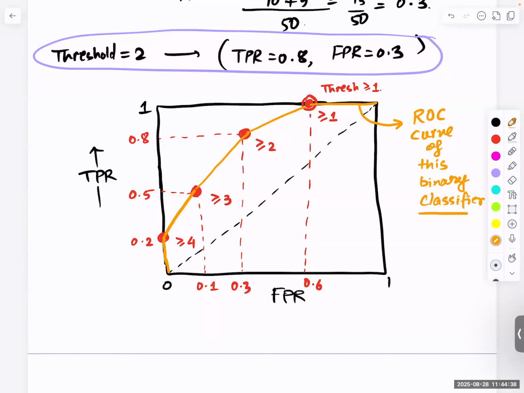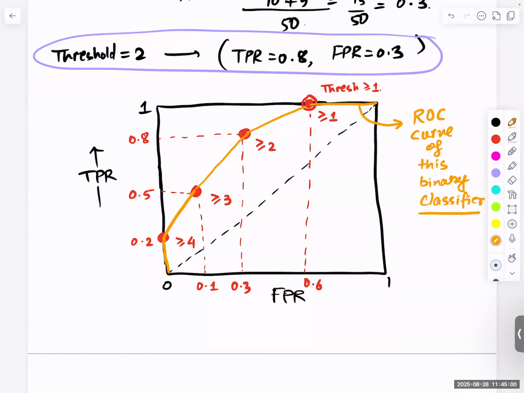How did we obtain this curve? We changed the threshold. We still used the same basic idea of counting suspicious words, but as we changed the threshold, the performance of the classifier changed in terms of its true positive rate and false positive rate. And you write them down and show them visually in this plot, and you connect all the dots together, you get the ROC curve.